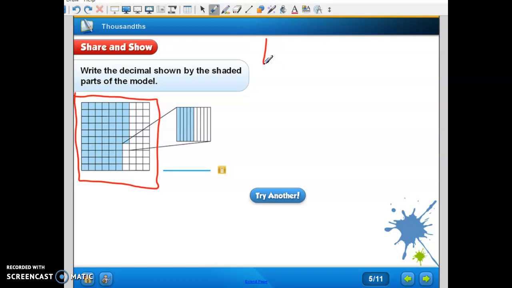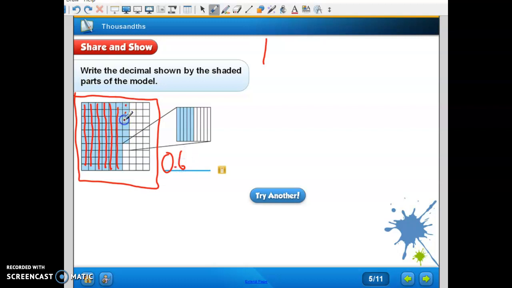How many groups of 10 are shaded here? 1, 2, 3, 4, 5, 6. 6, right? Yes. So we don't have a whole number. How many tenths did we have? 6.